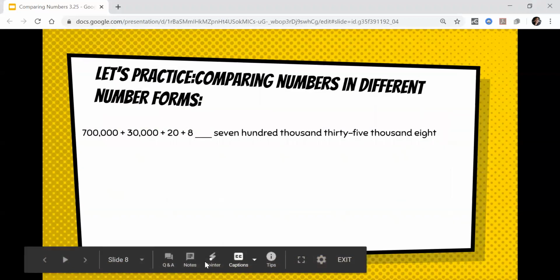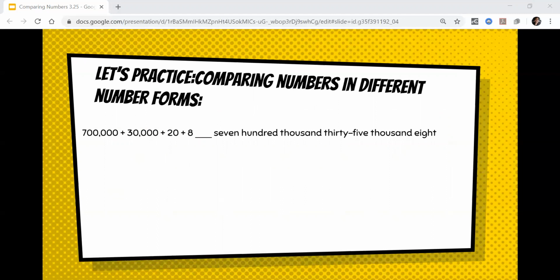Let's keep on practicing. Rocketeers, we're going to compare numbers in different number forms. The first number is in expanded form, comparing to a number that is written in word form. I'm first going to rewrite my second number in expanded form, also so I can see the value of each digit. I know that both the 100,000s and the 10,000s places are equivalent in both numbers, but the second number has 5 in the thousands place.